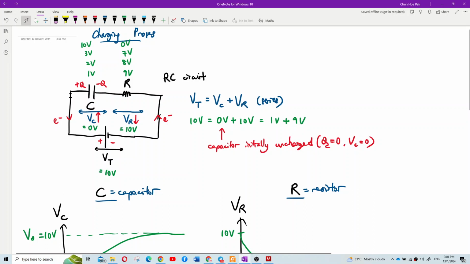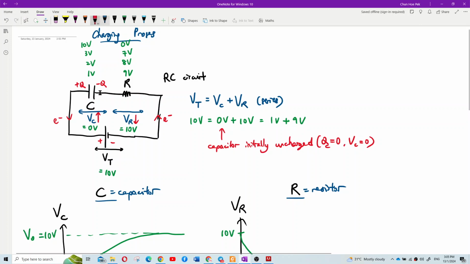Charging the capacitor means there is electron flow in the circuit. Correct or not, class? Electrons flow from this plate, the left plate, to the right plate. You see that?